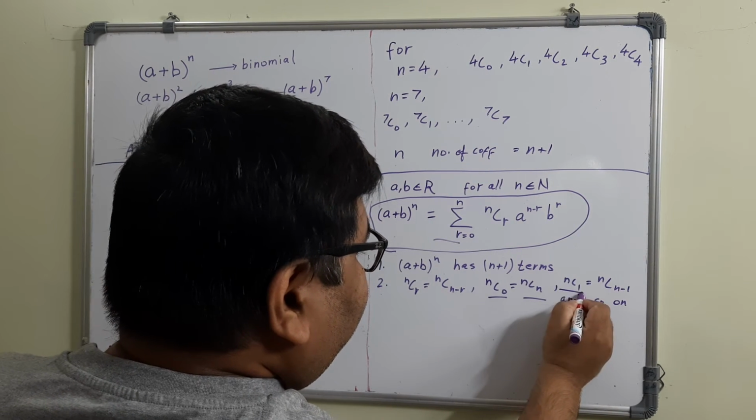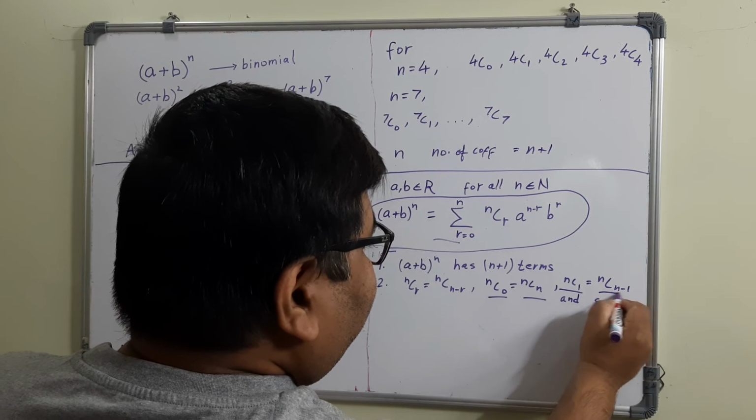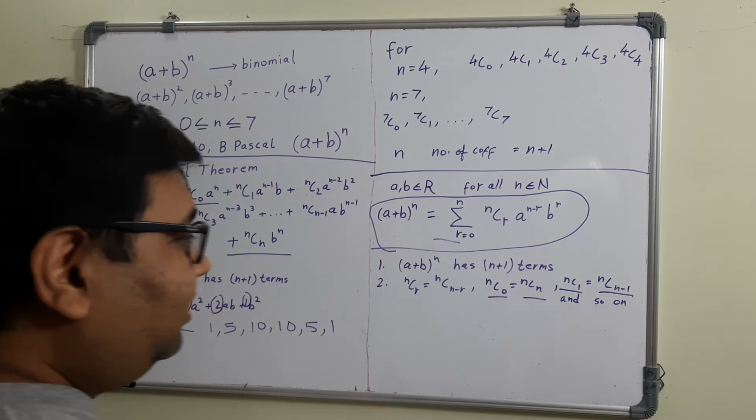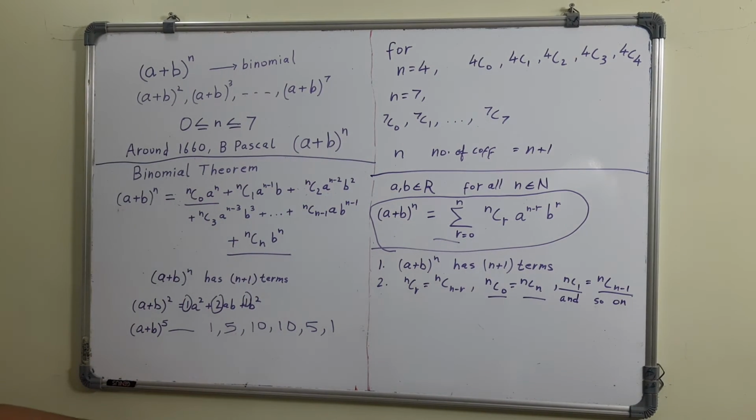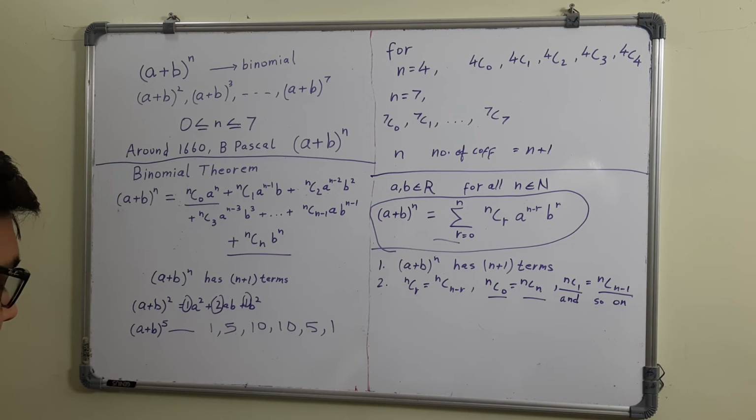The second term from the beginning and the second term from the end are equal. The coefficients are equal. Thus, the coefficients of terms equidistant from the beginning and the end in a binomial expansion are equal.